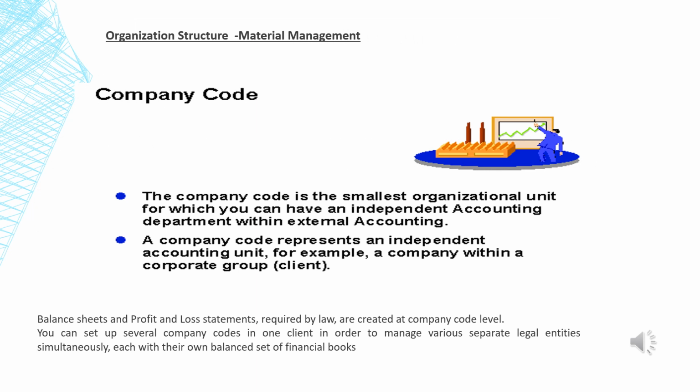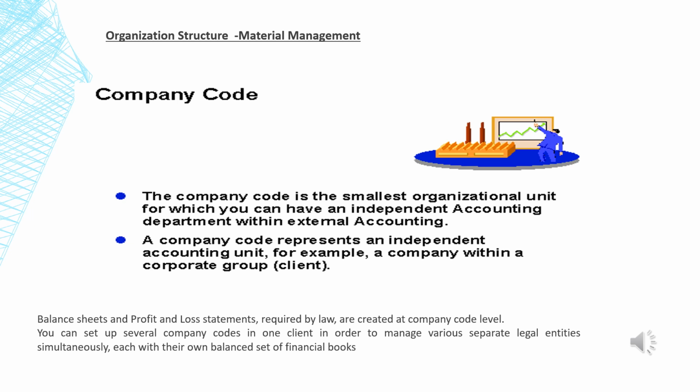As we already discussed, company code is the highest level of organization unit in our MM structure. The company code is the smallest organization unit for which you can have an independent accounting department within external accounting. A company code represents an independent accounting unit, for example, a company within the corporate group client.